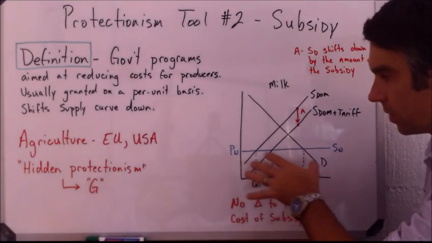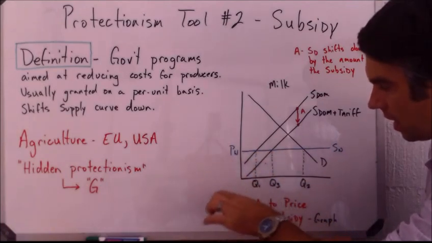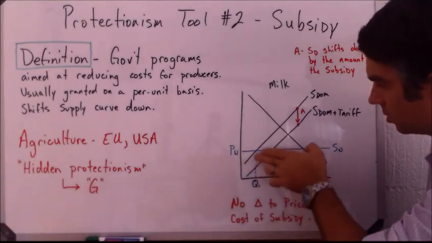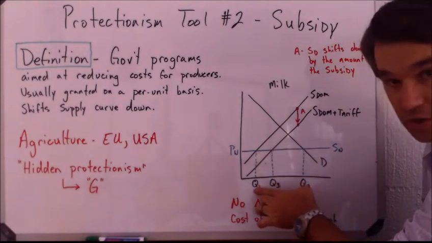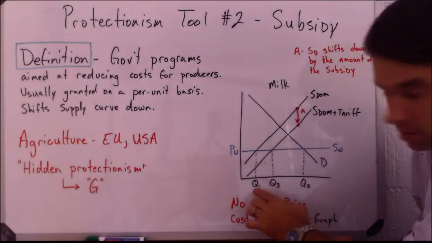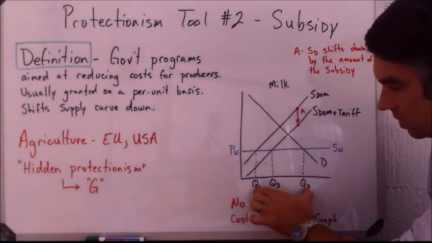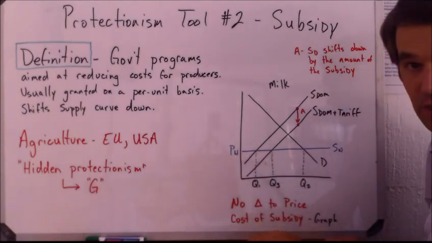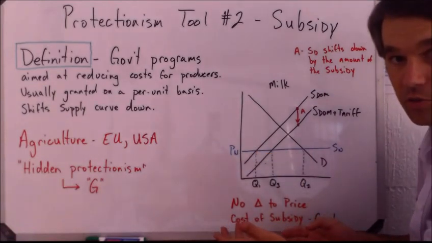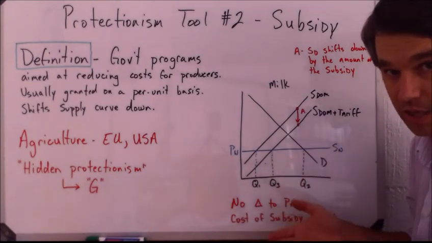Let's look at our world supply curve. So our world supply curve was here at PW, and before the subsidies, so just looking at the first supply curve, domestic producers would have produced only Q1. Demand wouldn't have been satisfied until Q2, so foreign producers would have produced the rest of that supply curve. Remember, when we look at the free trade diagram, it's really important we visualize where the supply curve is.